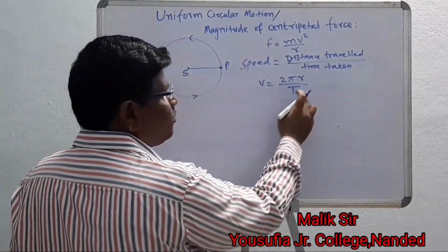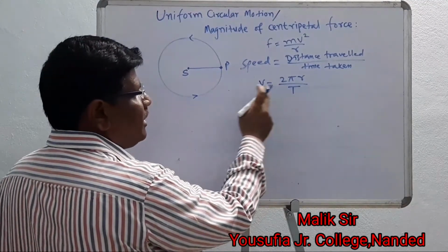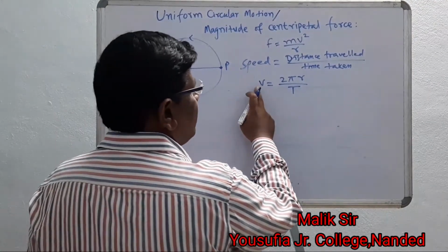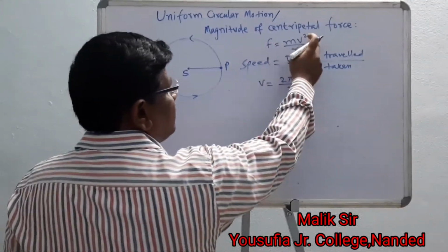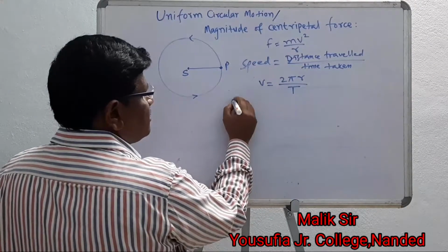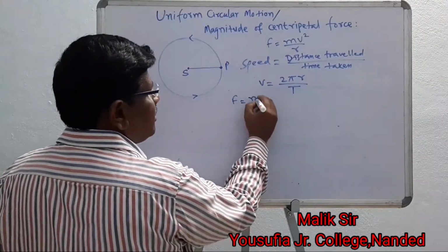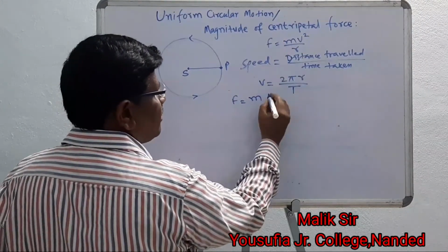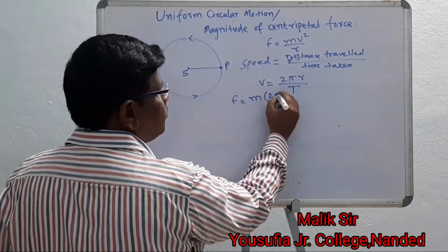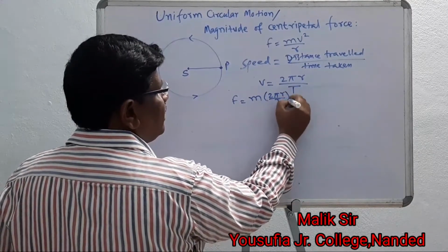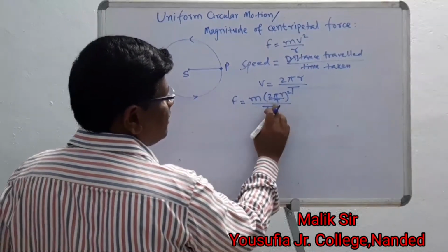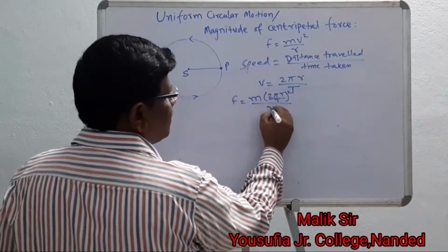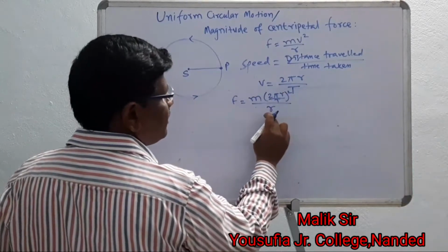So, v equal to 2 pi r divided by T, and if we put this value of v, the speed, in the equation F equal to mv square by r, then this F becomes m times (2 pi r by T) whole square divided by r.